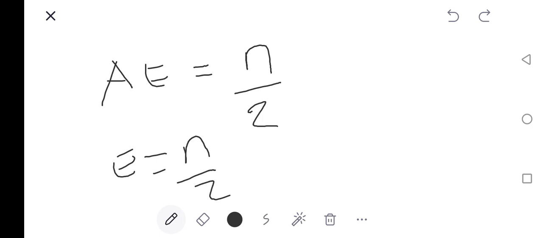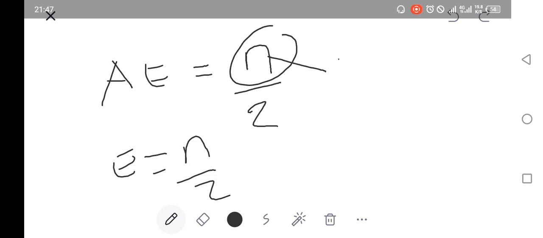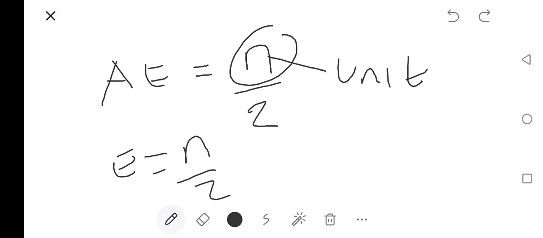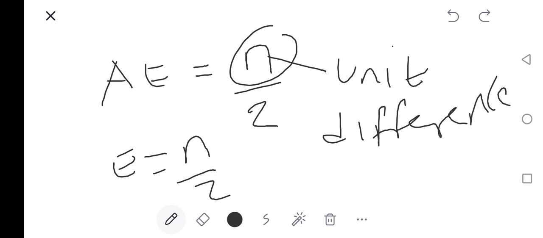Either way is okay. The n, write somewhere to say it stands for unit difference. That's what the n is for. We shall get to know how it is a unit difference, but it's the difference from one number to the next number. Did you catch that?